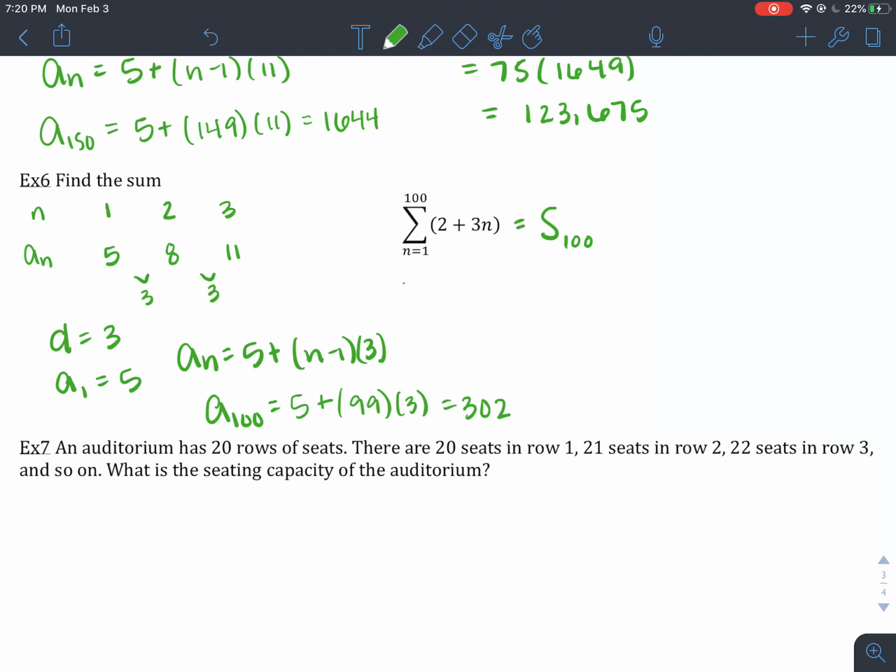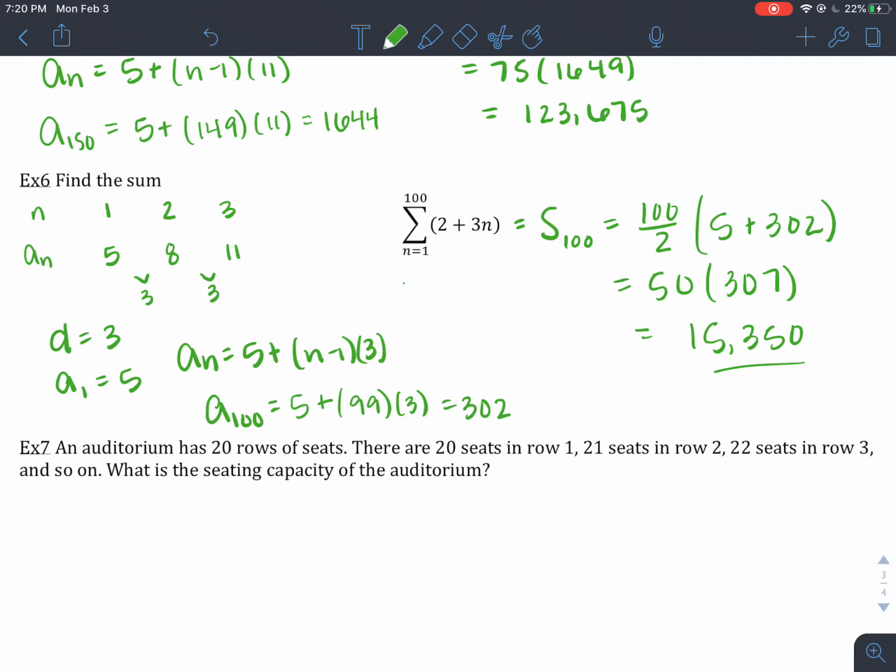So our 100th partial sum, or S sub 100, is going to equal 100 over 2 times 5 plus 302, which is 50 times 307, or 15,350.